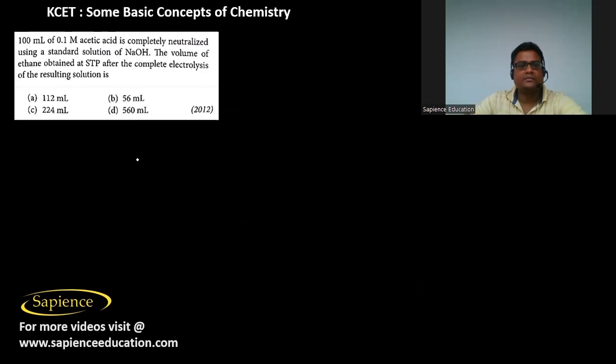Then here it is told 100 ml of 0.1 molar acetic acid is completely neutralized using a standard solution of NaOH. The volume of ethane obtained at STP after the complete electrolysis of the resulting solution is?